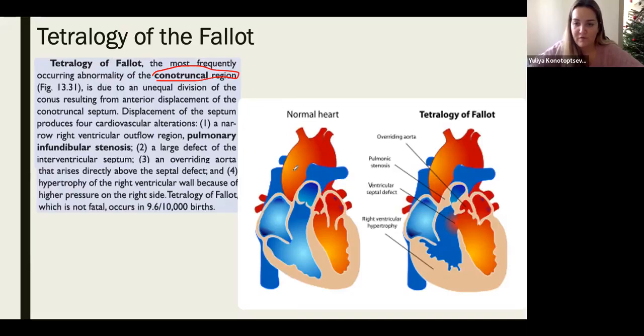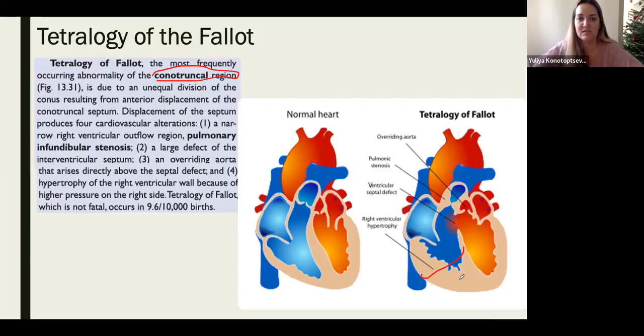So what are the four malformations? Number one, let's do it in logical order, because in the book it's a bit illogical. Number one malformation, right ventricular hypertrophy, right? So hypertrophy means enlargement. So the cardiac muscle in the right ventricle is going to grow in size, not in number.